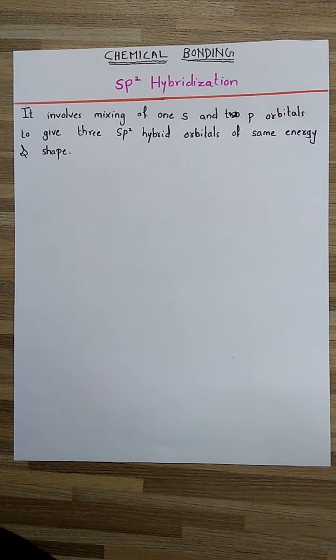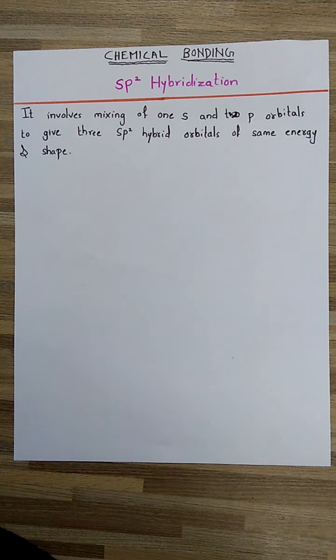Students, we were studying the chapter chemical bonding, and in the previous lecture we have done hybridization, in which we have discussed sp3 hybridization for the methane molecule. Today we are going to discuss sp2 hybridization.